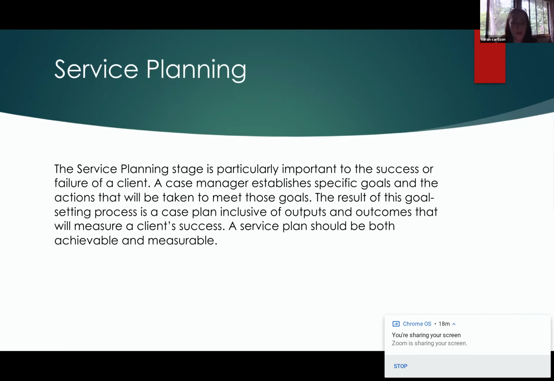So we're going to talk about SMART goals later in the treatment planning week. But just to reiterate, outputs and outcomes should be achievable and measurable. For instance, we're not going to say something as vague as I want to be happier.